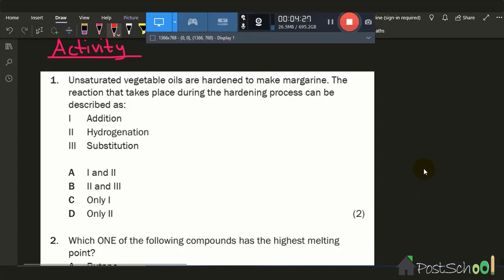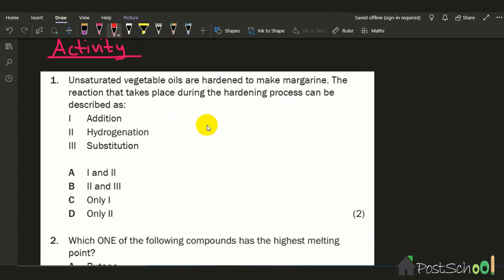So unsaturated vegetable oils are hardened to make margarine.